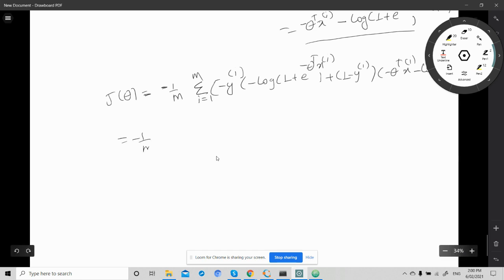So, i equals 1 to m, minus yi, minus log of 1 plus e to the power minus theta transpose of x. Now let's open that.